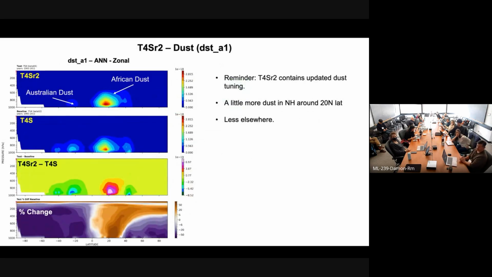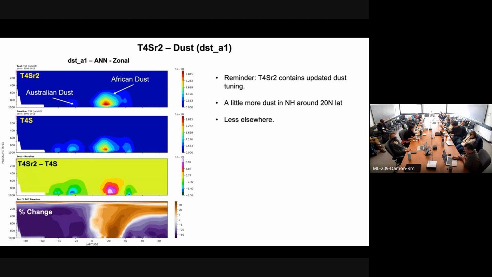And so now we switch a little bit and look more at our T4S R2 run. As a reminder, this one used the beta 04 tag, which has the updated dust tuning. And so what we see is, generally speaking, a little bit more dust in the Northern Hemisphere around 20 latitude and less elsewhere.